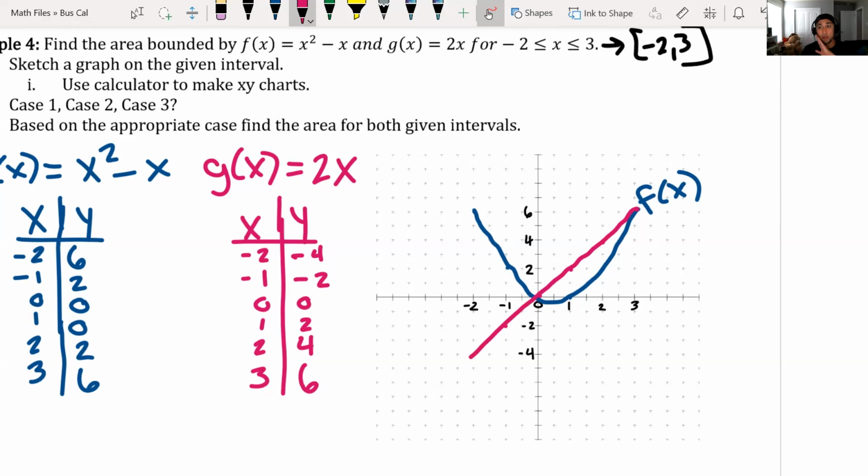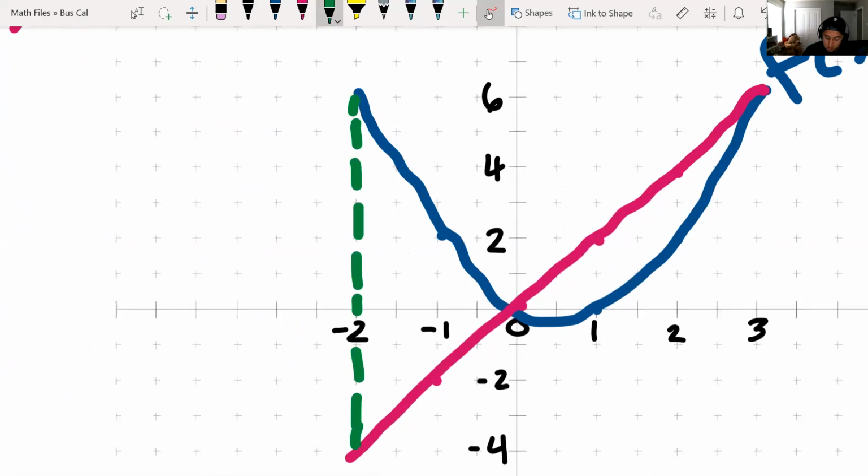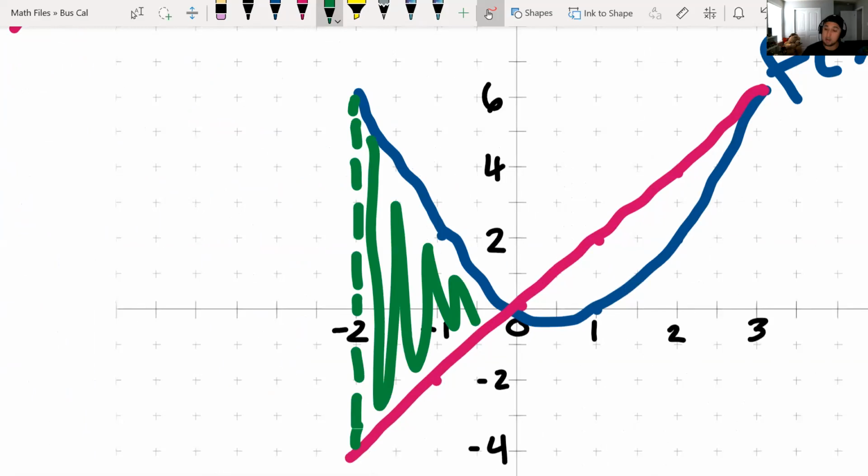Looks like we're going to have another case 3 on our hands. Because we want this area and we want this area.